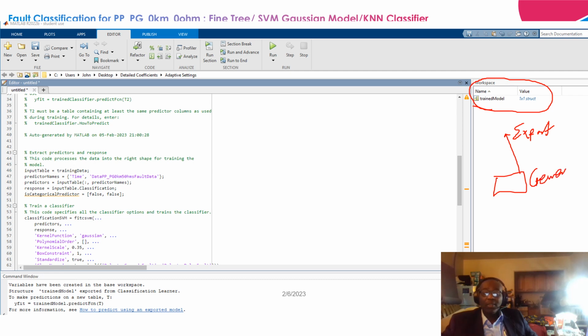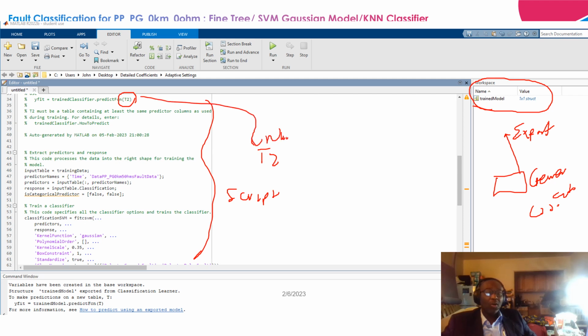Generate code will export this MATLAB script into your MATLAB window. Every area that has a T2, that's where you put the name of your new data that you want to predict based on your trained data. So that's how we utilize this to do prediction for new data.